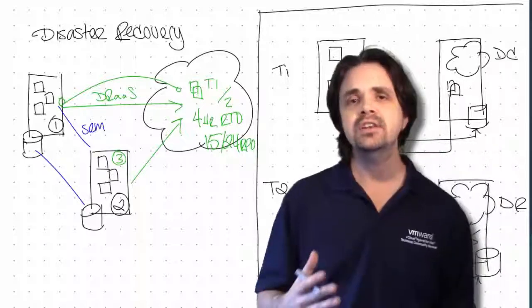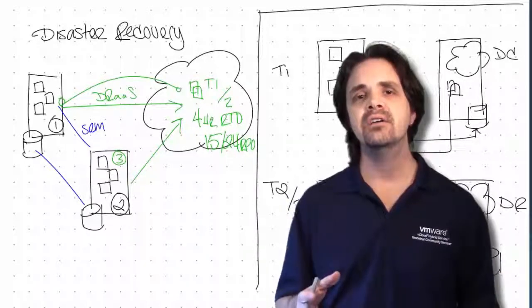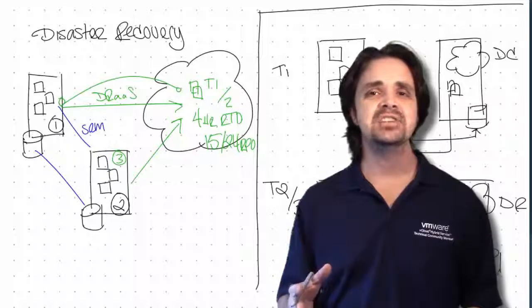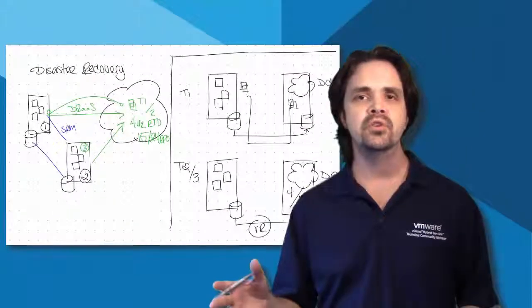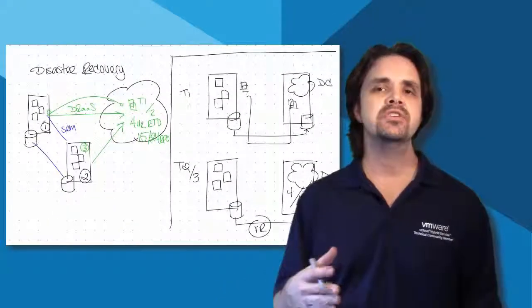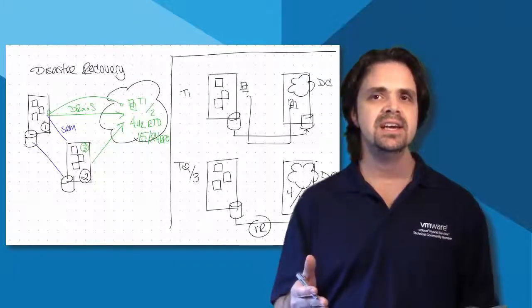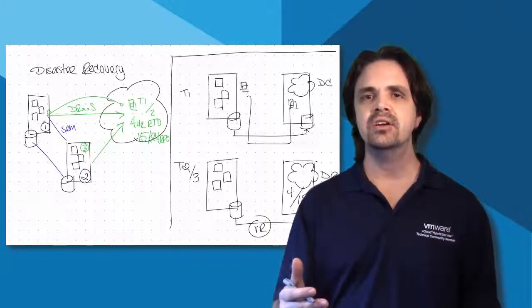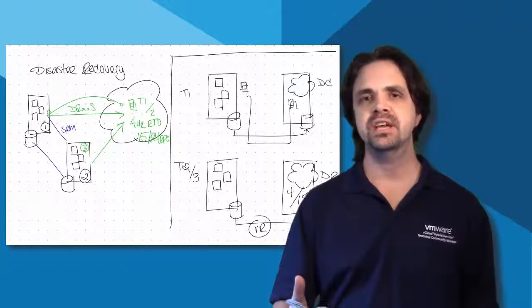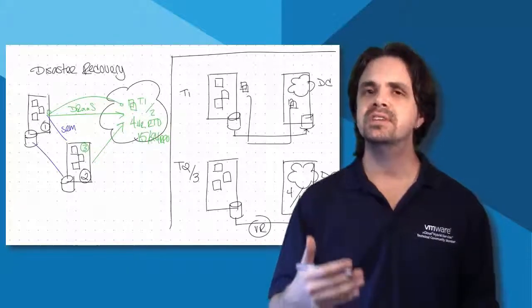So when you're talking to your customers about vCloud Air, it doesn't just have to be for workloads. Additionally, when you're talking to your customers about vCloud Air disaster recovery as a service, it doesn't have to stop there. You can combine the architectures. You can do something different.